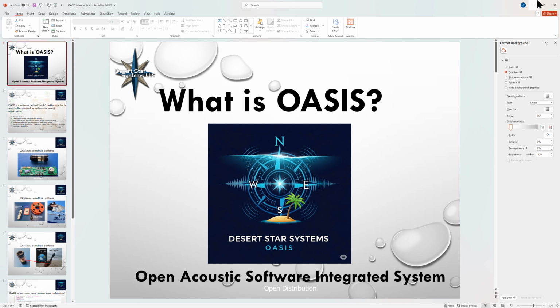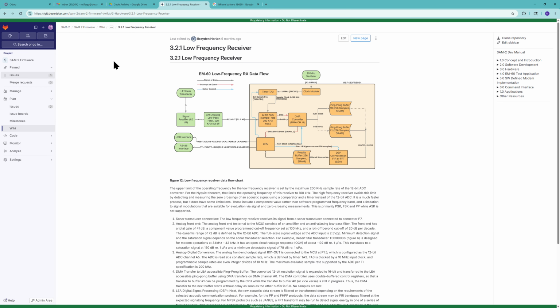Let me end the slideshow, and here in my browser window I have GitLab, and here's one of the chapters about the low frequency receiver, which I'll discuss in one of these videos. To find it, you look for the wiki on the left bar, and then to navigate around it, like here we are in 3.2.1 low frequency receiver.